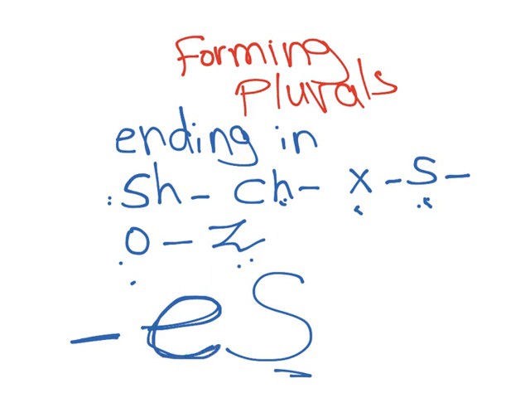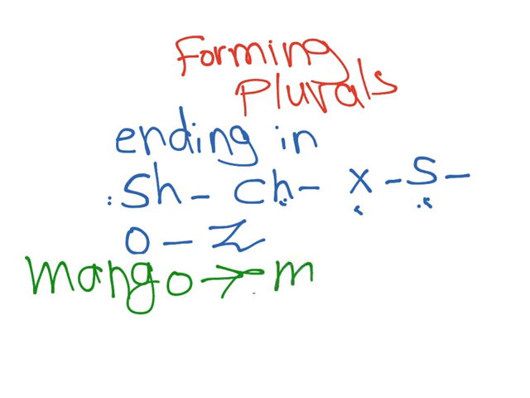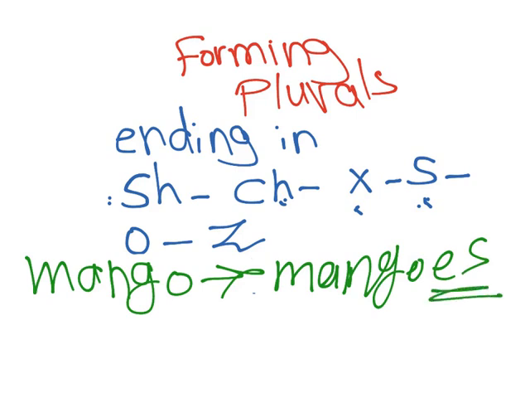What are examples of these? Mango becomes mangoes. Mangoes. I added ES.